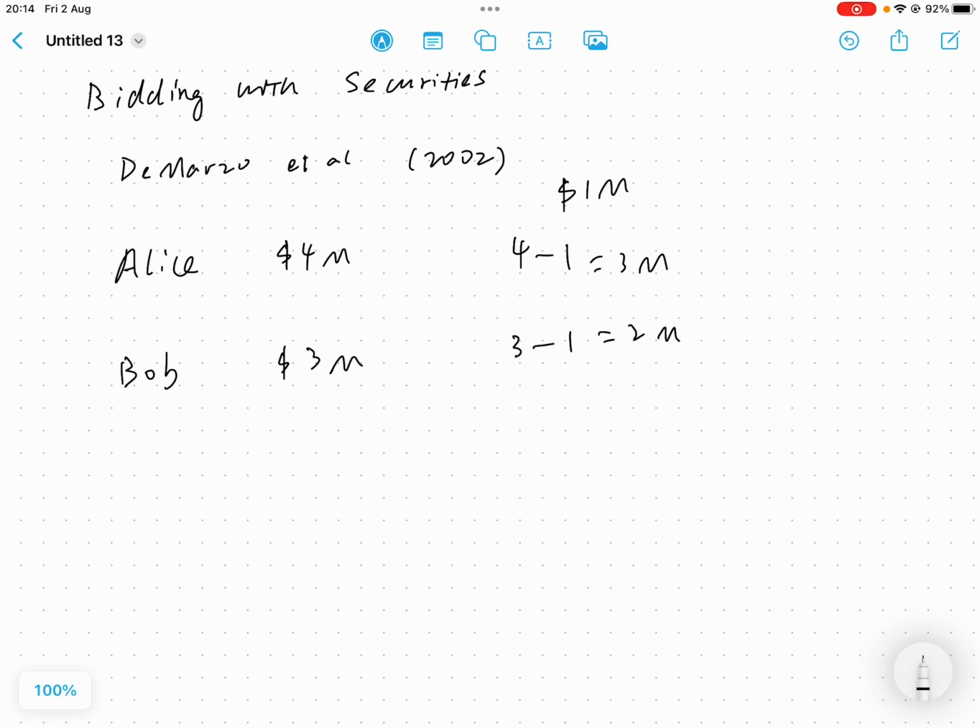But if the seller does not put any restrictions on the kinds of securities that the bidders can use, then we call that an informal auction.